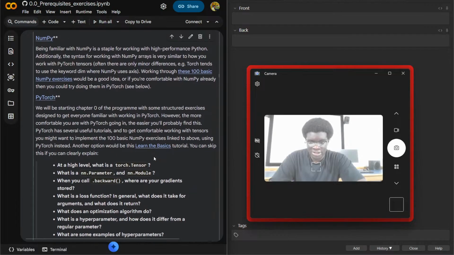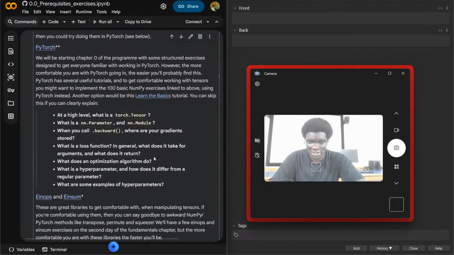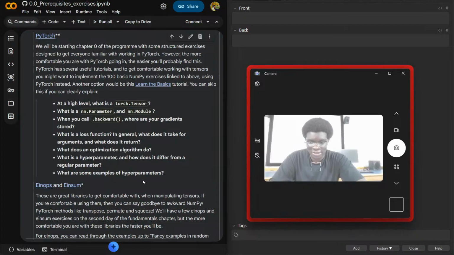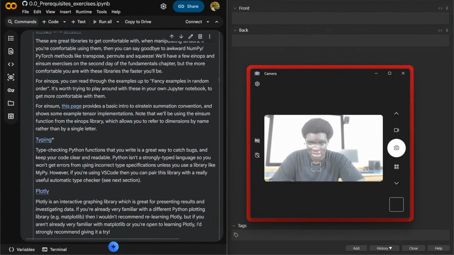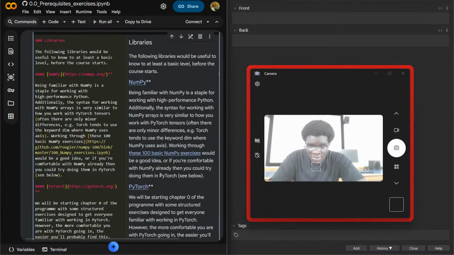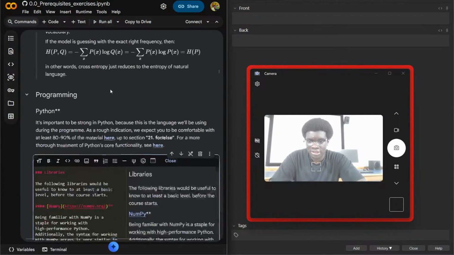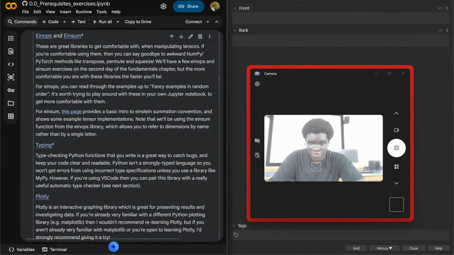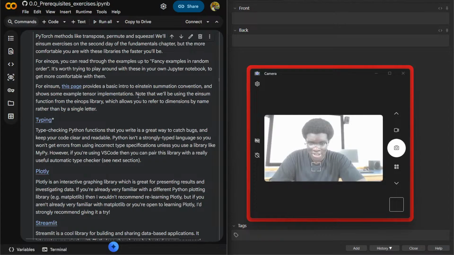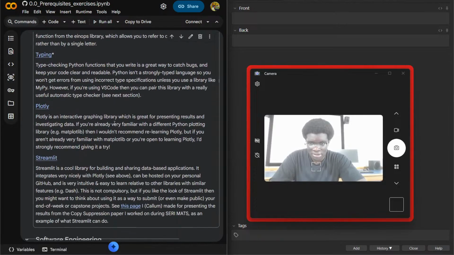PyTorch, I also basically do not know PyTorch, so I think I've used it like a single time. Similarly, yes, God, why did it do this? I'm happy with types in Python and type checking. Yeah, I'm familiar with Matplotlib.